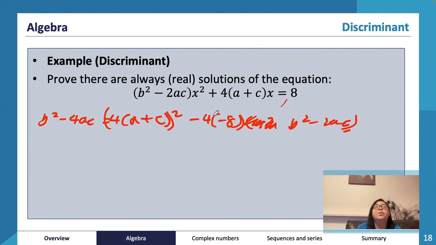So what we'll get from this is 16a squared plus 8ac plus 16c squared, plus, is it plus? Sorry, let me just rub it out.